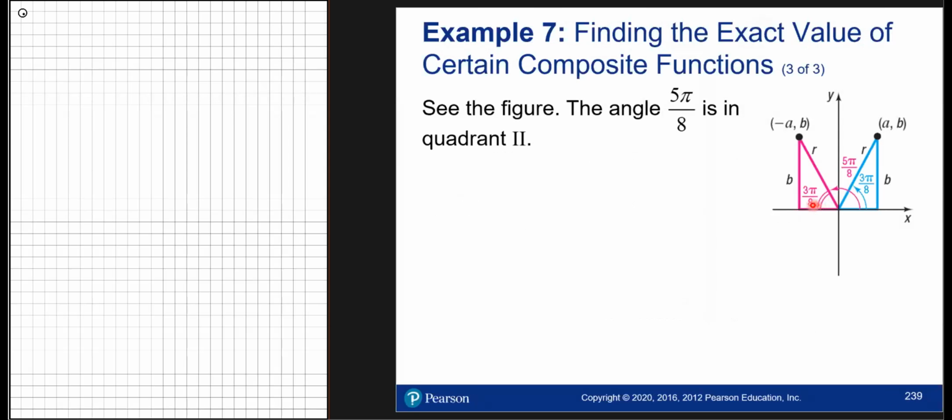What we have here is 3 pi over 8, and this is pi over 8, but the angle on this side, its supplementary angle is 5 pi over 8. I mean 3 pi over 8. So we use 3 pi over 8 to determine the A and the B.